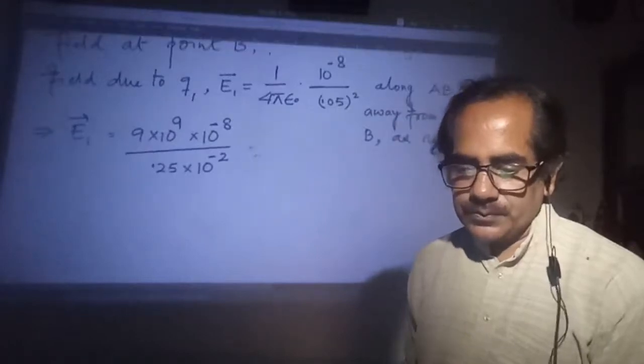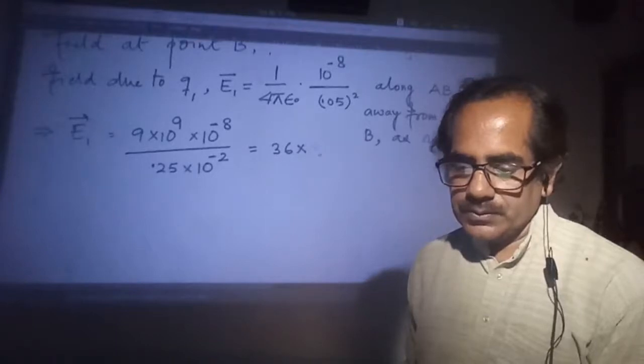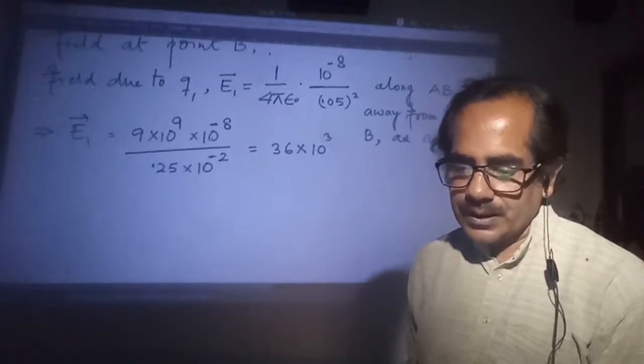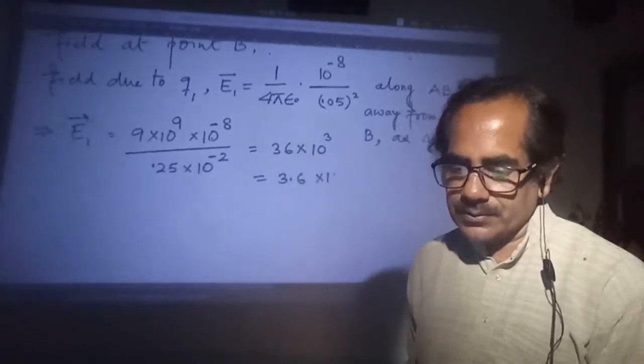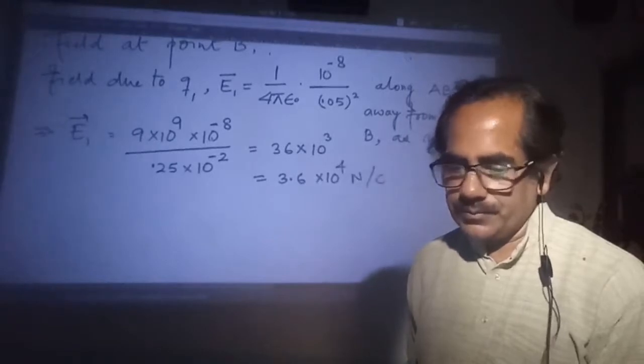This is equal to 9 by 4, this will be multiplied, then 3.6 into 10 to the power 1 here and minus 2 becomes 3 here, and finally it is 3.6 into 10 to the power 4 Newton per Coulomb.